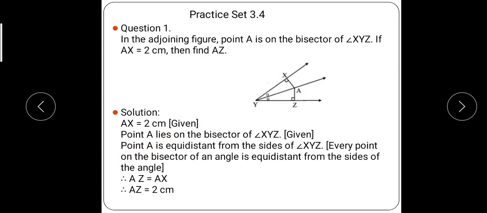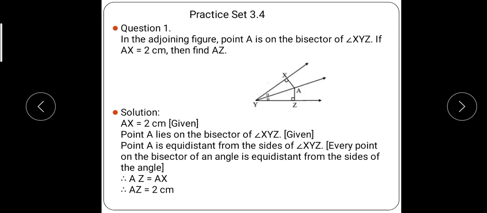Now in a 1 mark question, it will ask: AX is equal to 2 cm. Point A lies on the angle bisector of angle XYZ. Therefore, point A is equidistant from the sides of angle XYZ. Every point on the bisector of an angle is equidistant from the sides of the angle. And this is compulsory to write. If you are not writing it, you will not get the full marks.